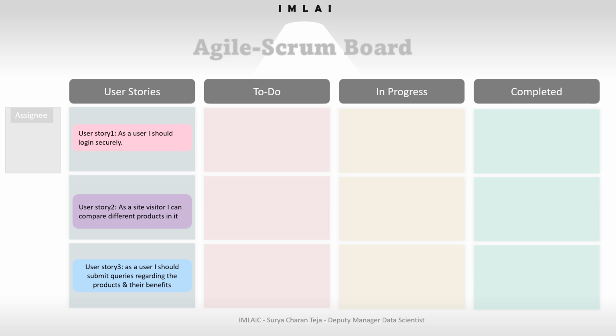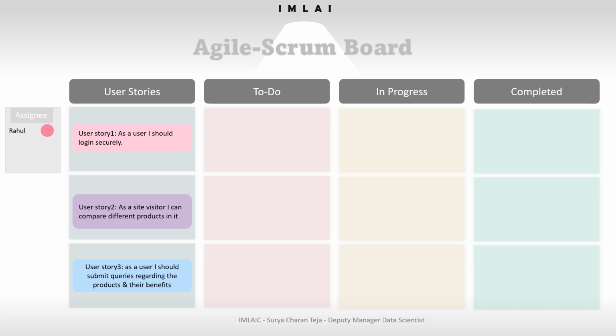So our first assignee here is Rahul. Each user story will consist of plenty of sub activities in it. So user story one might have plenty of activities, and out of that, other people from different teams might also be involved in it.